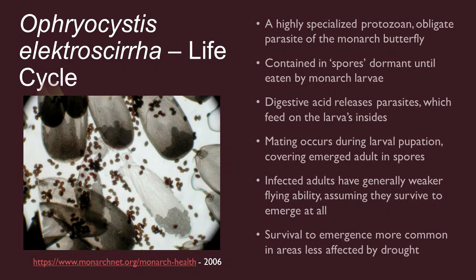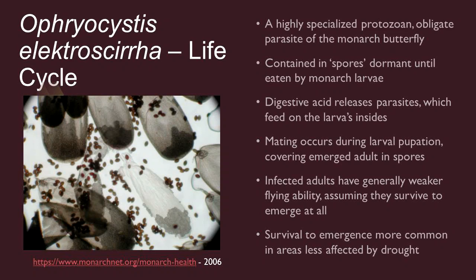Then the digestive acids will break this outer coating, releasing 10 to 12 parasite individuals, which will then feed on the larva from the inside out.